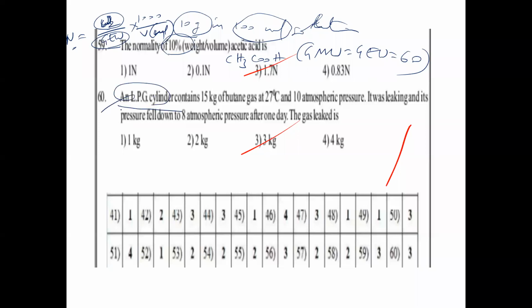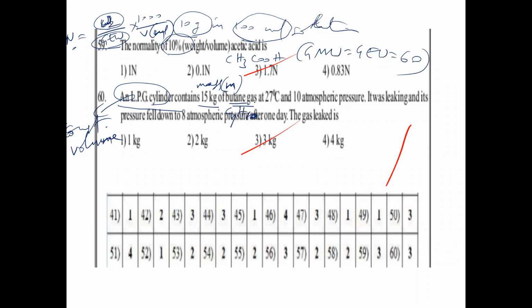Next, an LPG cylinder. LPG cylinder means constant volume. Any cylinder, if it is given, should be taken as a constant volume system. So volume is constant. It contains 50 kilograms of butane. So mass is given. Mass of butane is given, 50 kilograms. Butane formula is C4H10.